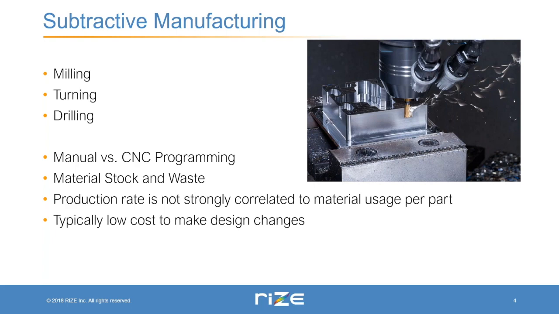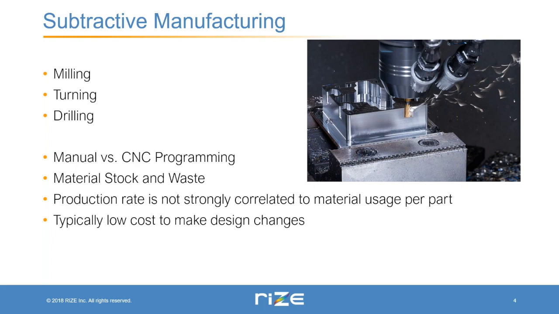So in terms of pre-processing, subtractive manufacturing can involve somewhat of a range of different amounts of pre-processing. In some cases, if the subtractive manufacturing involves manual operation, which would mean that the person operating the machine would be performing all of the operations by themselves.